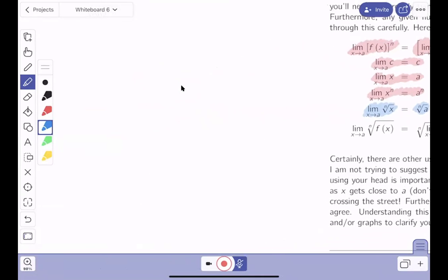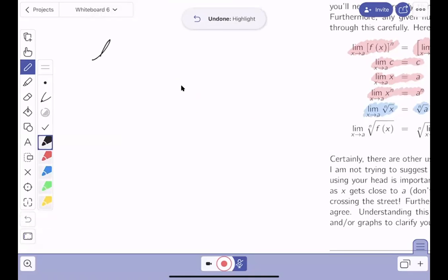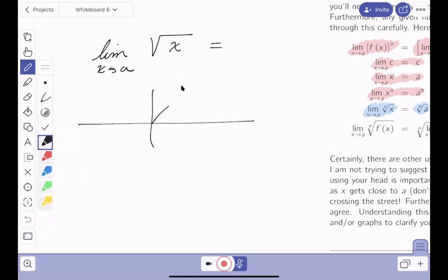Let's take a look at a simple example. I'm going to look at this example over here. Limit as x approaches a. Let's use the simplest even root. n is an even number. Let's do the square root. You should have some idea that we're looking at a square root function. f of x equals the root of x.